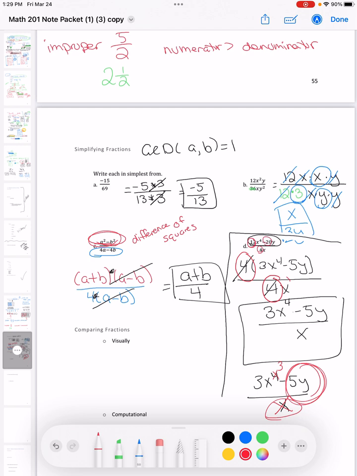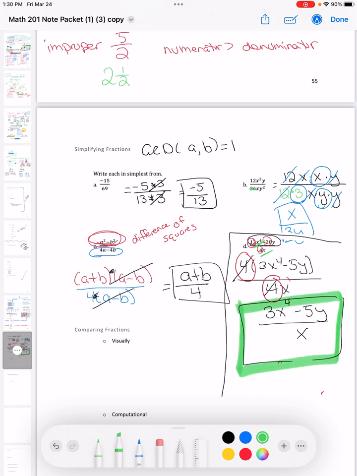It was a factor of all 3 terms. The x is not a factor of all 3 terms. The x is just a factor of the denominator and part of the numerator. It is not a factor of that second term of the numerator. So I cannot factor out the x. Instead, I just need to stop exactly where I have right there.